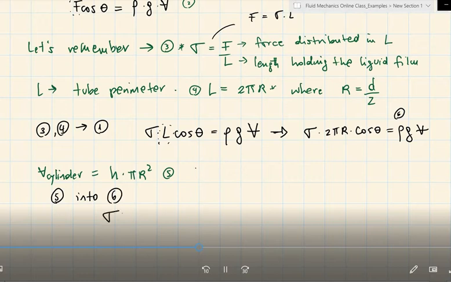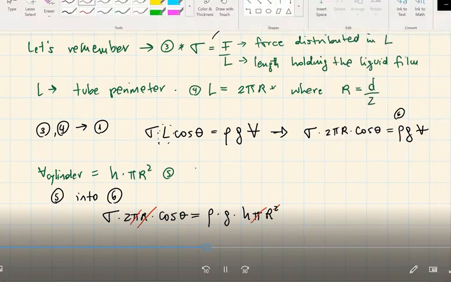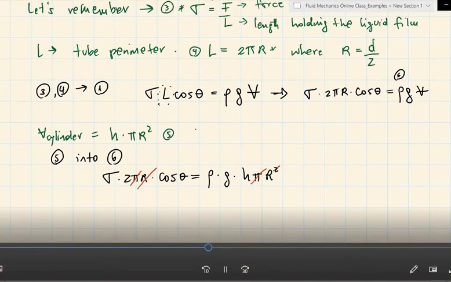So we get sigma, surface tension, times 2 pi r, which is the length, times cosine of theta, is equal to rho g times the volume of the cylinder, which is h times pi r square. And there are things we can eliminate here. So r eliminates the r square, pi goes away, and what do we get?